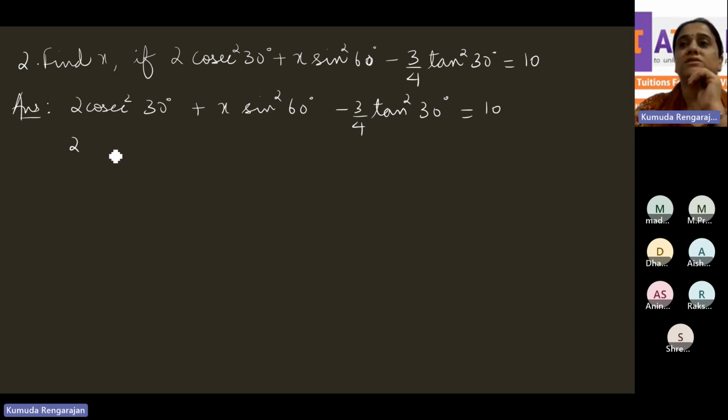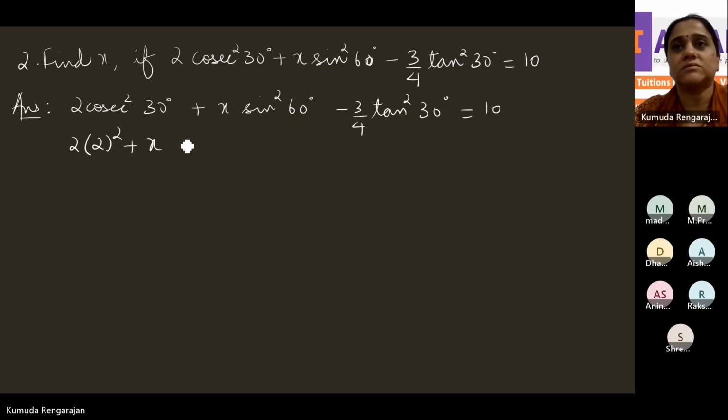So class, cosecant 30? Root 2? 2 or root 2? Sine 30 is 1 by 2. Cosecant 30 will be 2, plus x sine 60, root 3 by 2.